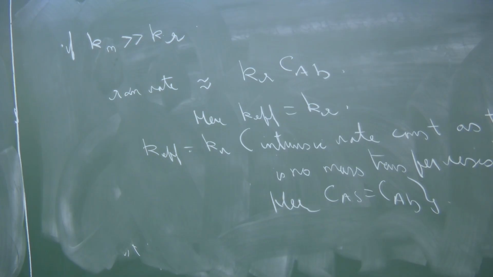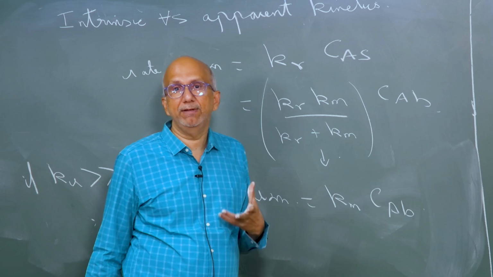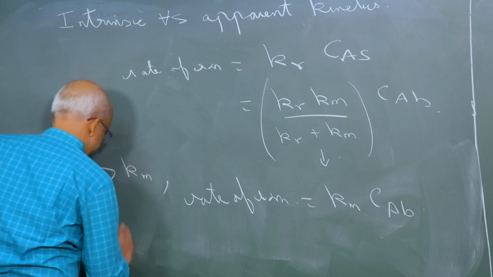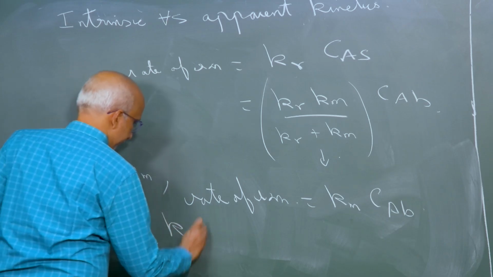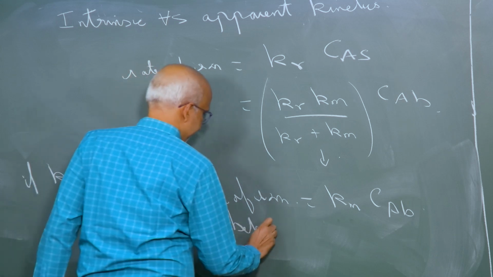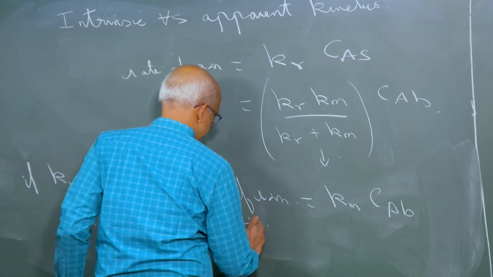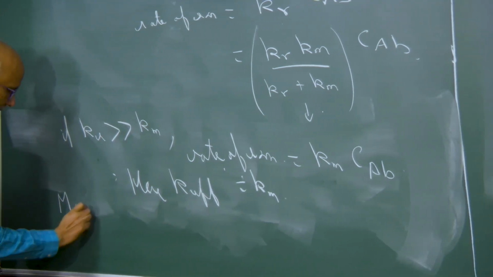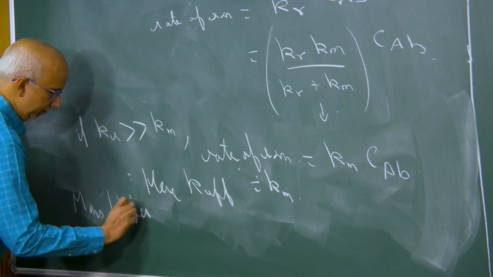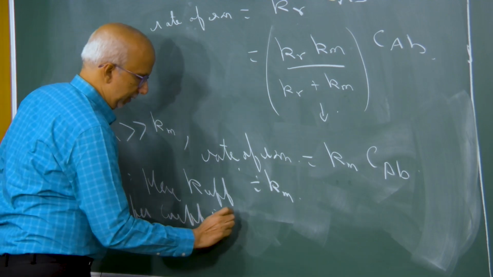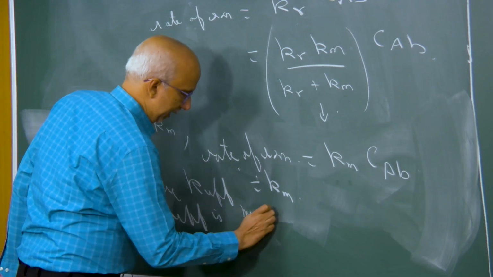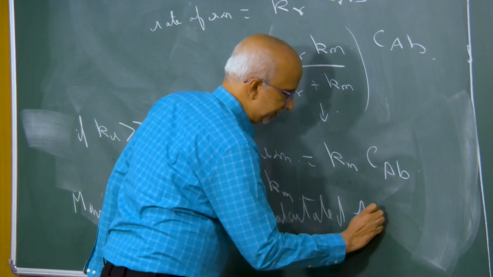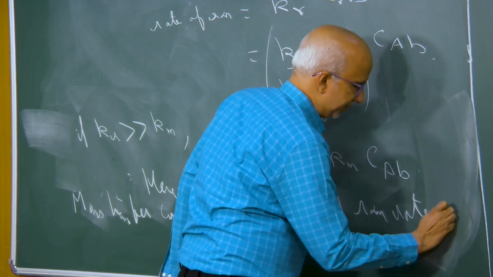This Km, the mass transfer coefficient, now behaves like a reaction rate. Okay. So, here K effective is equal to Km, or the mass transfer coefficient is my calculated reaction rate constant.